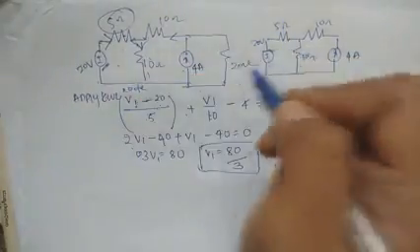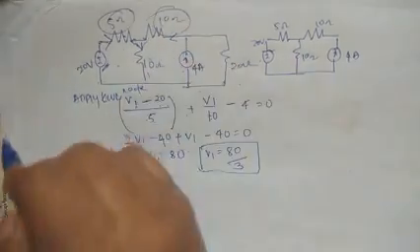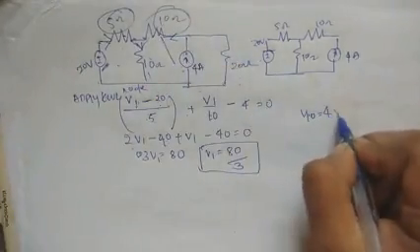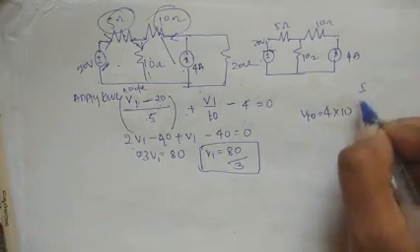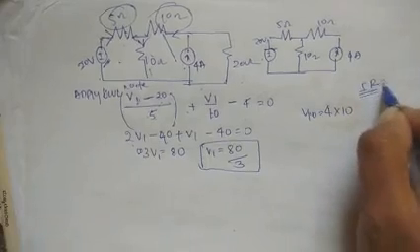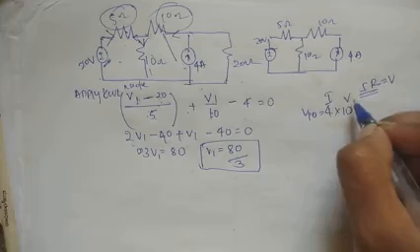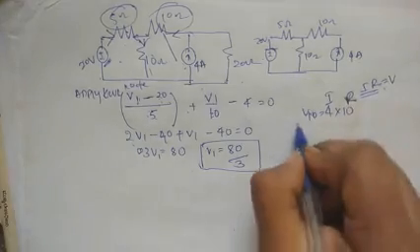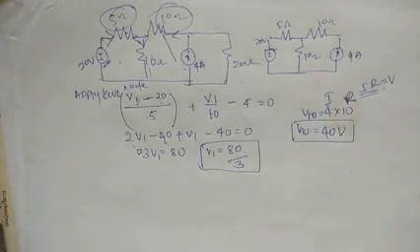We took this resistor and applied this current. Now for this resistor we have to find V10. 4 into 10, that is I into R, that is your V. I into R equals V. V10 value is 40 volt. Yes?